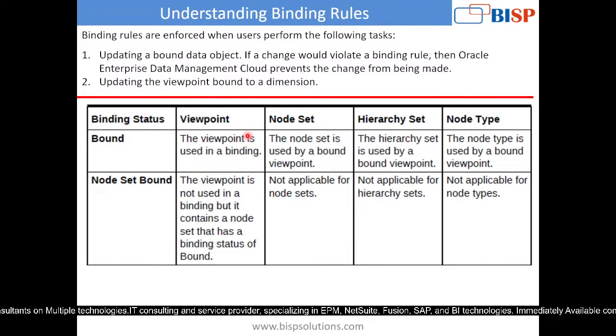You can see further the binding status, where one is bound and one is node set bound. When the status is bound, the viewpoint is used in a binding, and the node set is used by the bound viewpoint. The viewpoint has all three things: node set, hierarchy set, and node type. These all together are bound.